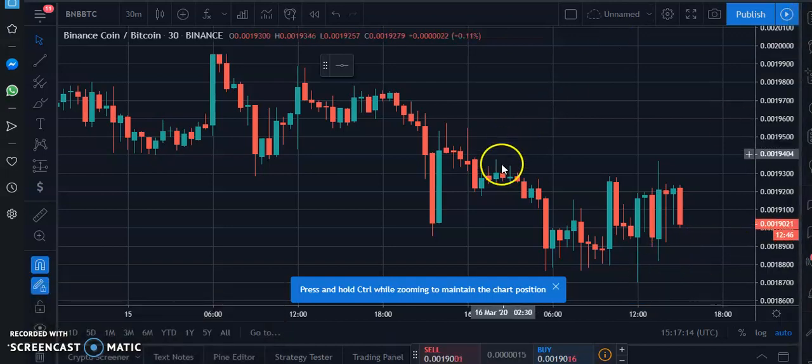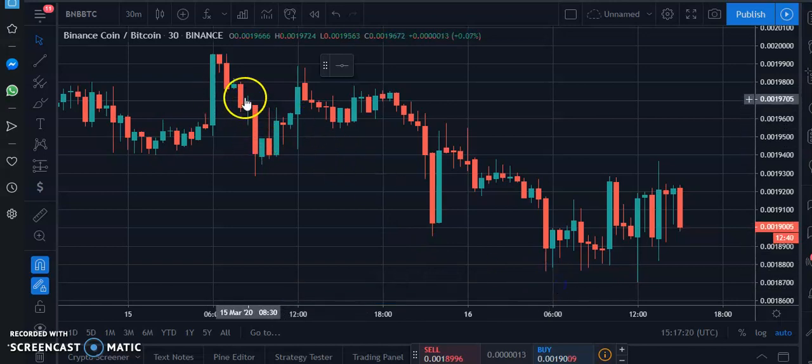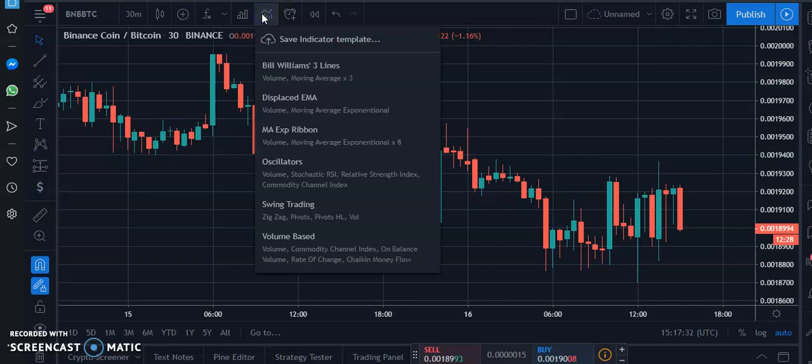Right now we want to look at the Stochastic RSI. The time frame is 30 minutes and we are using the candlesticks. So we want to look at the indicators. Just click on this place.